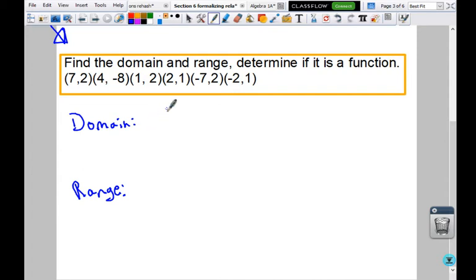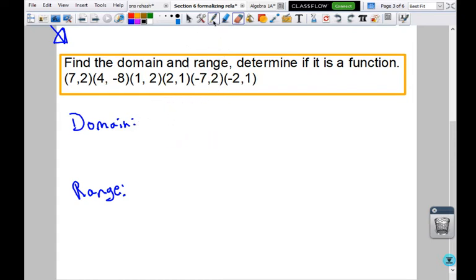So Jocelyn's gonna do the domain for us. Yep, right there. Isn't the domain the x's from smallest to biggest? Yep. So what's your smallest x? Isn't negative 2 smaller? Yeah, it's kind of sneaky. Remember, even smaller is negative 7.